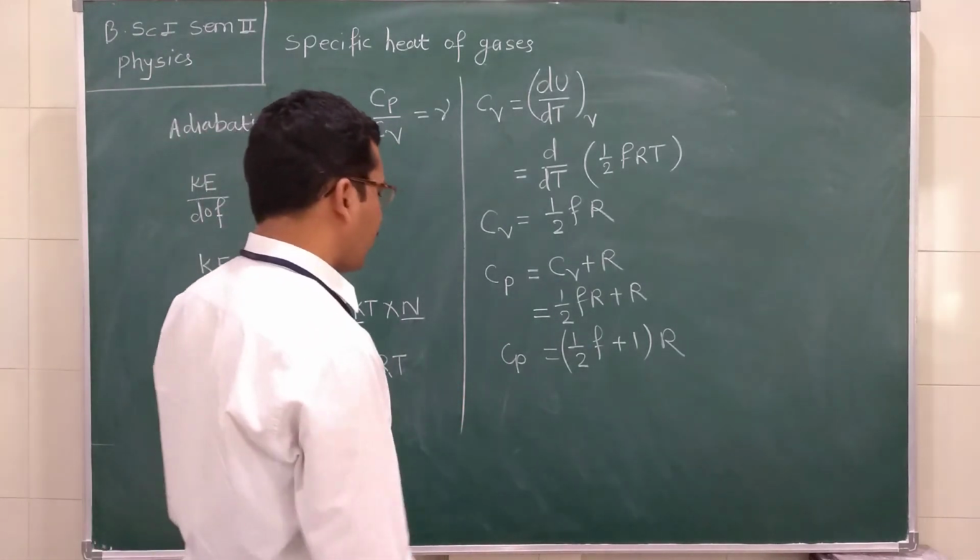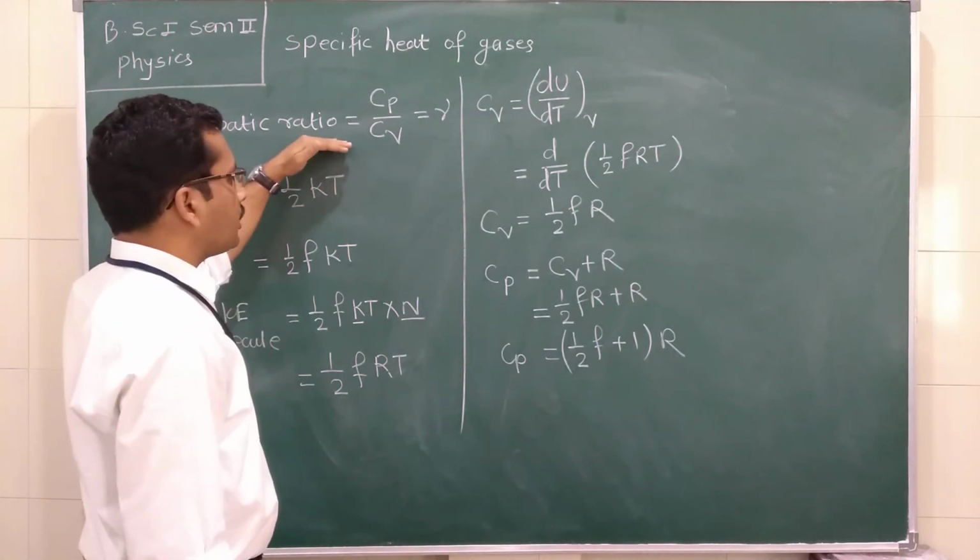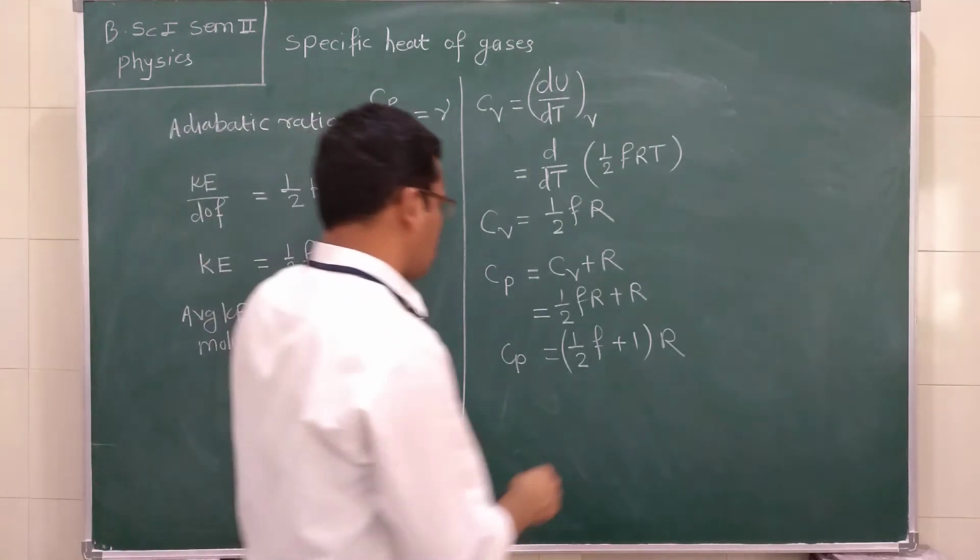Okay, so what is the adiabatic ratio? We know that the adiabatic ratio gamma is equal to Cp upon Cv.